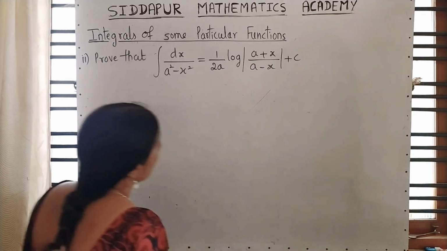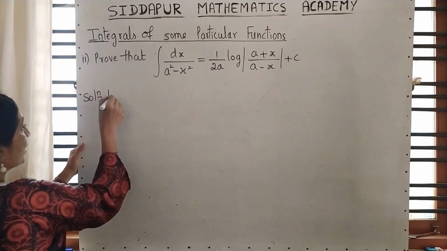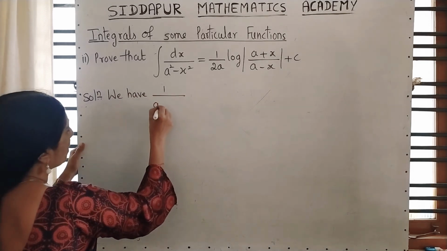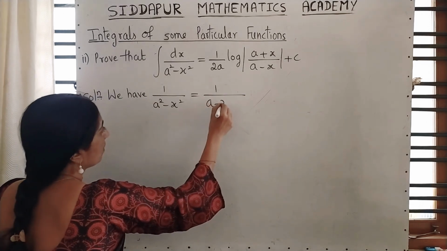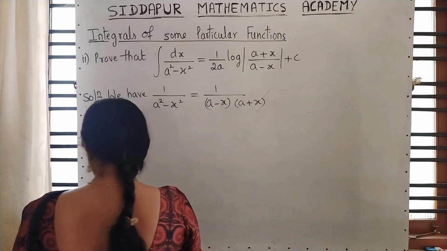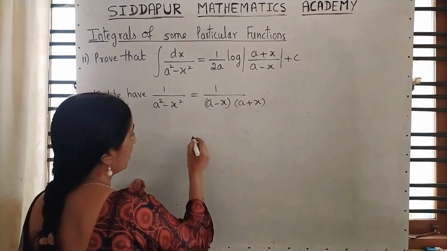So here also we are applying the same concept. We have 1 upon a square minus x square, which is 1 upon a minus x, a plus x. Again apply the same concept. Take the same brackets in the numerator.